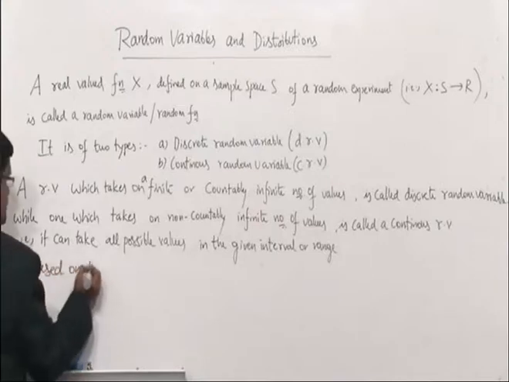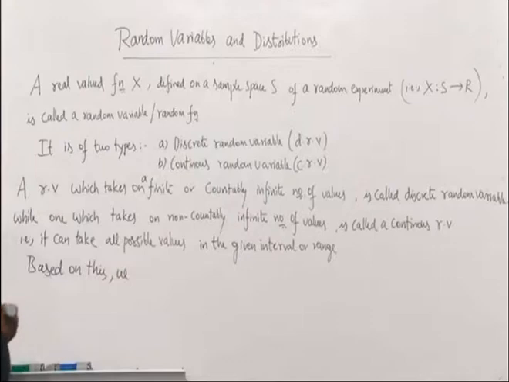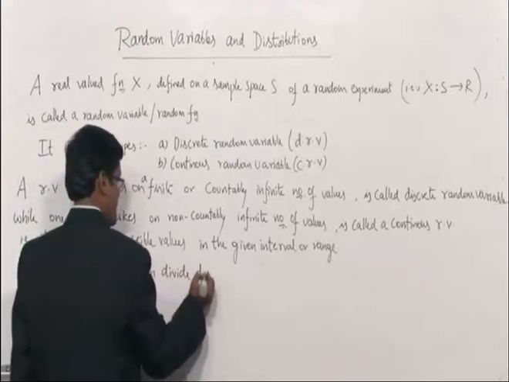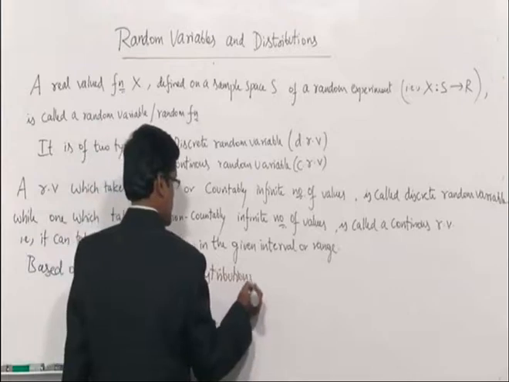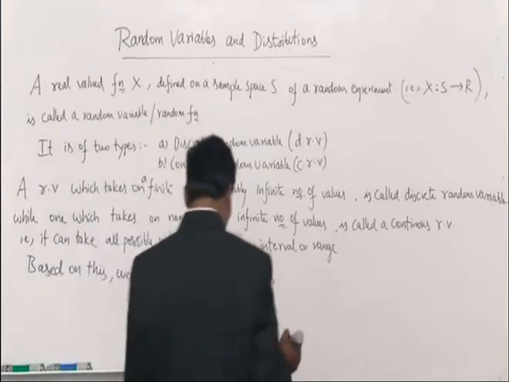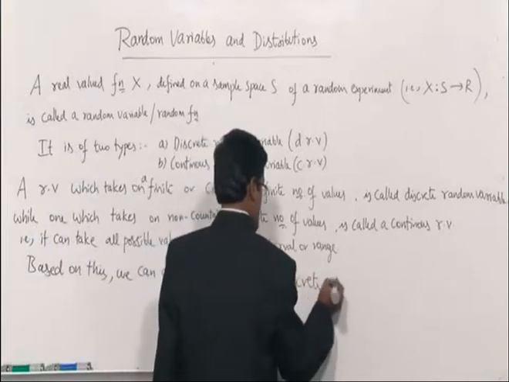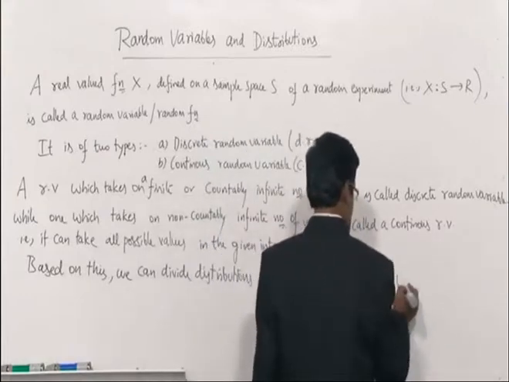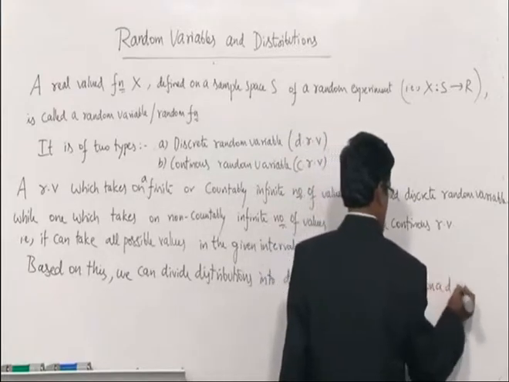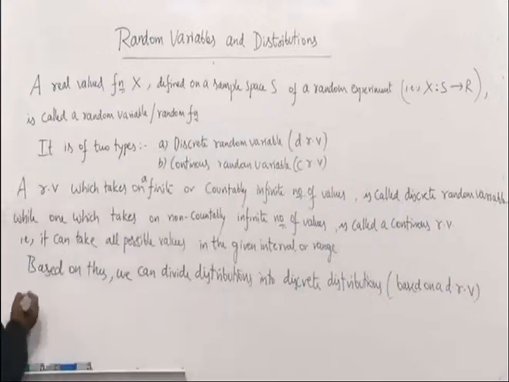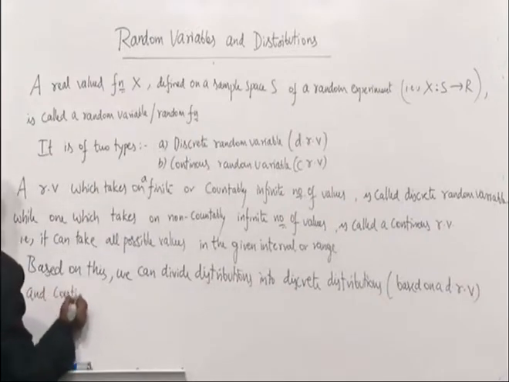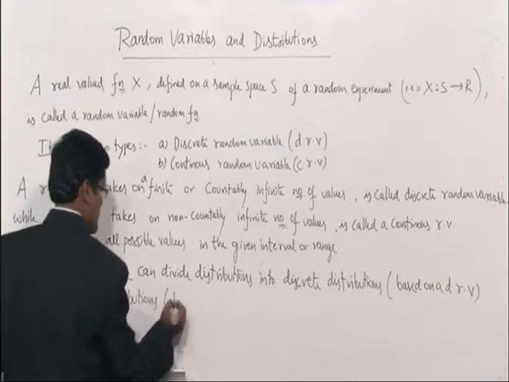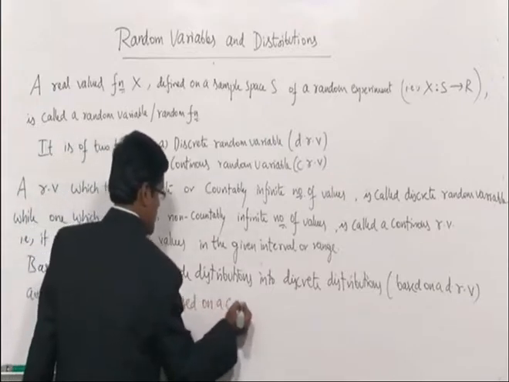Based on this, we can divide distributions into discrete distributions, based on a discrete random variable, and continuous distributions, based on a CRV, continuous random variable.